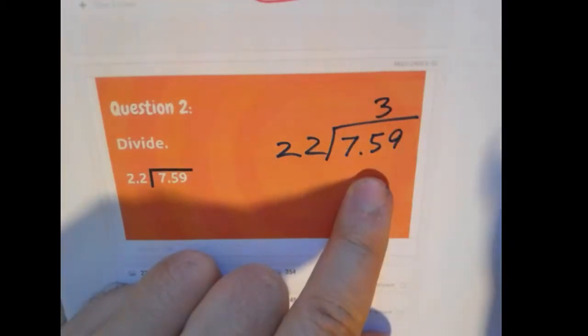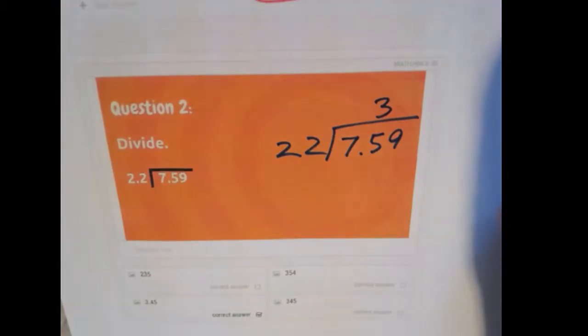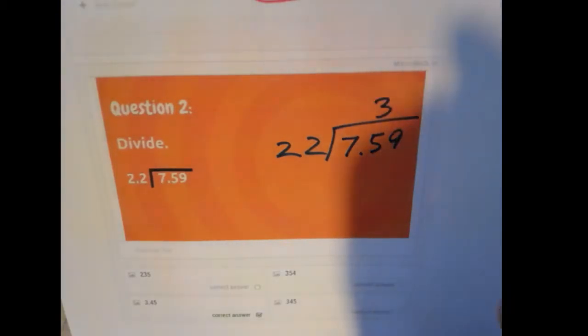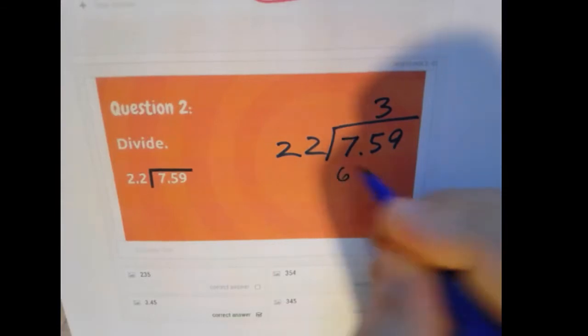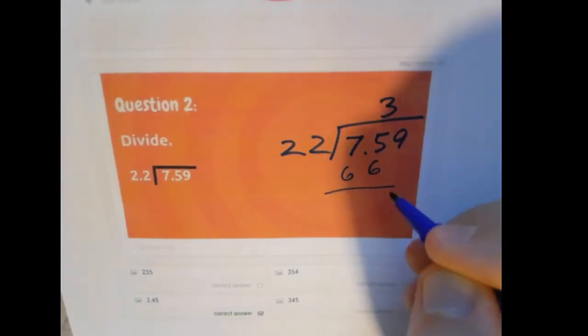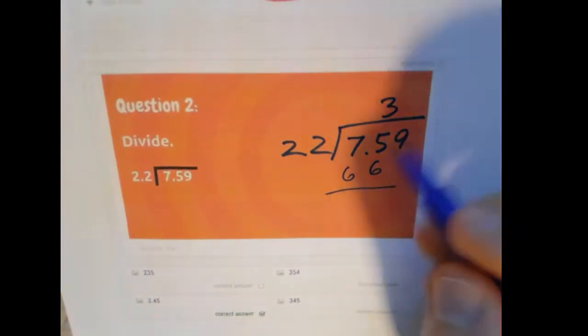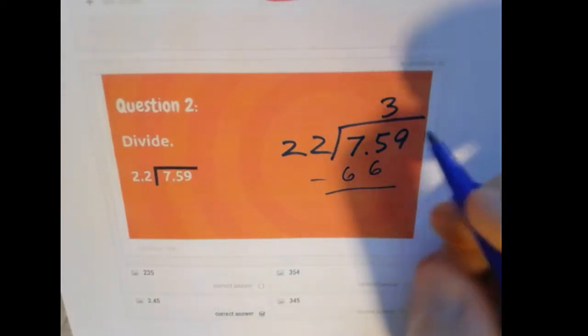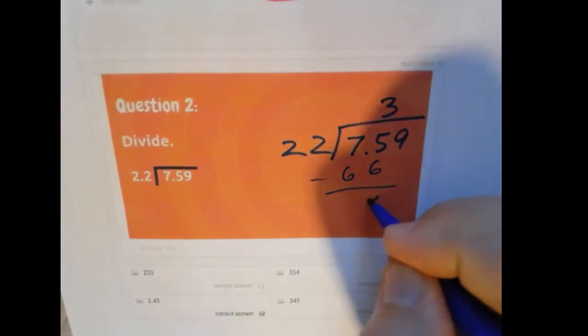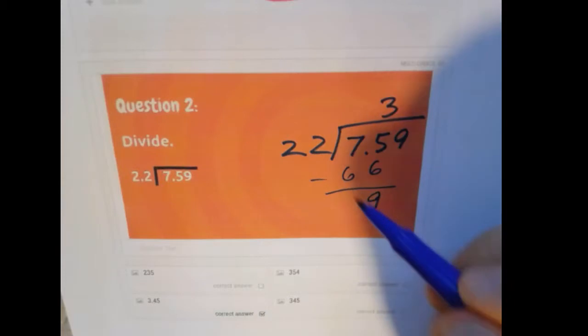What is 3 times 22? Okay, so the number we're looking for here is 66. 3 times 22 is 66. 75 take away 66 would be 9. Does 22 fit into 9?